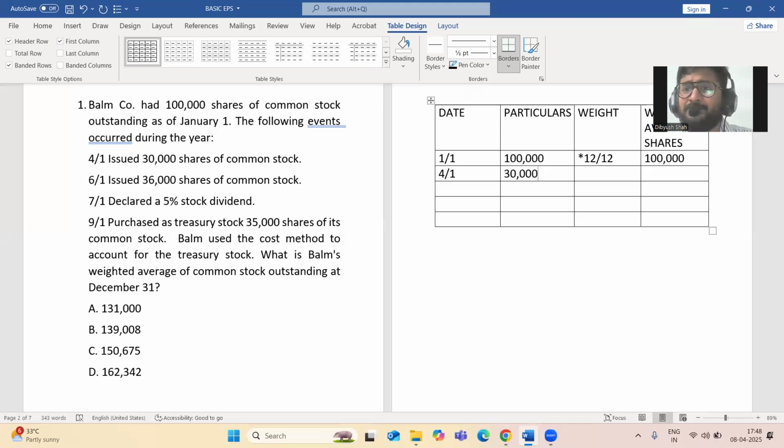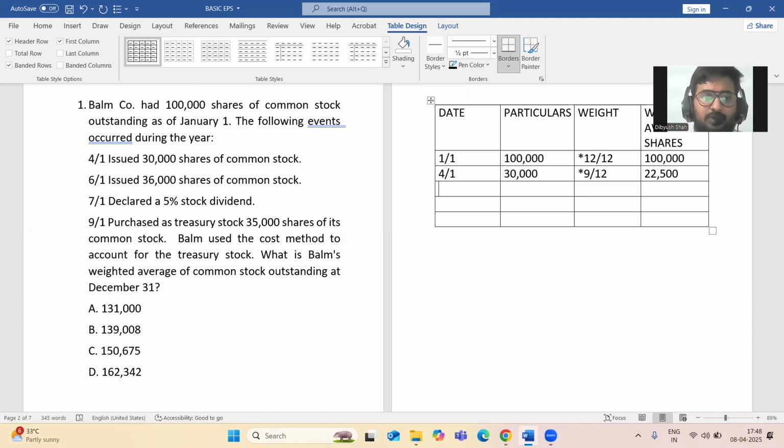So they were outstanding for only 9 months out of the entire year. So the company would have had an opportunity to earn money on these shares for only 9 months. So the weight will be 9 by 12. That is 30,000 into 9 divided by 12, 22,500.